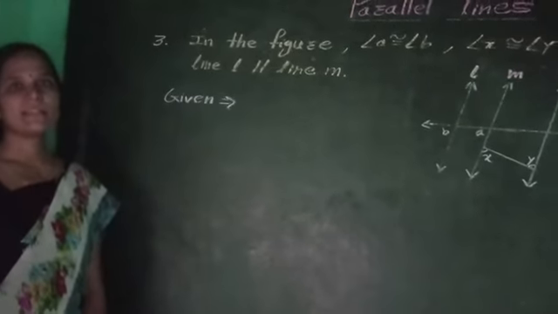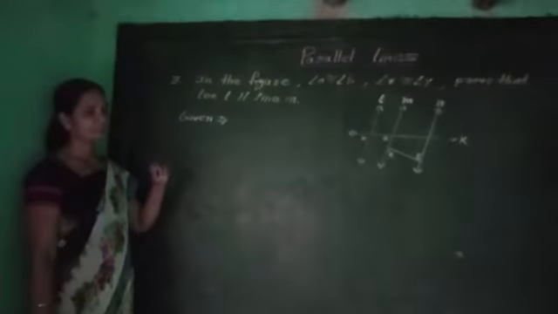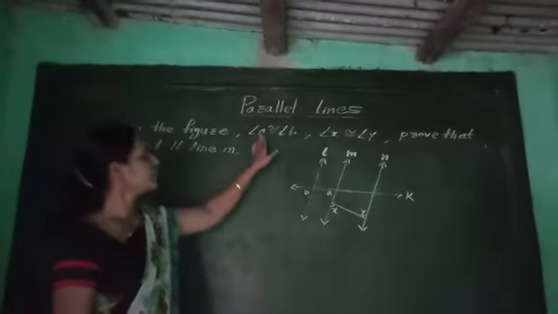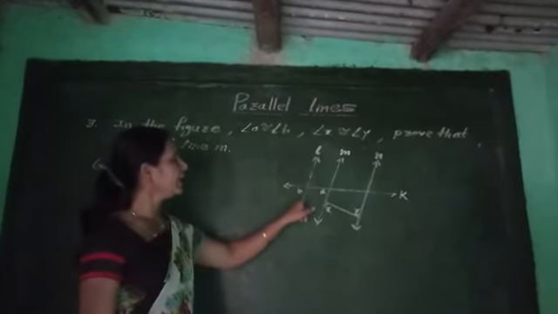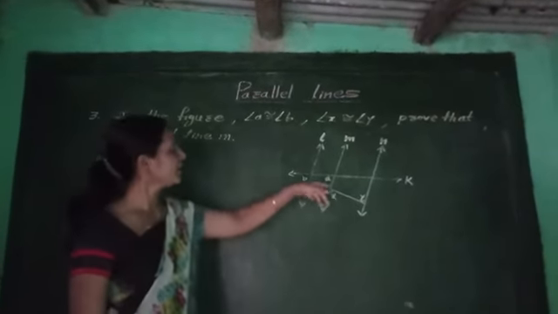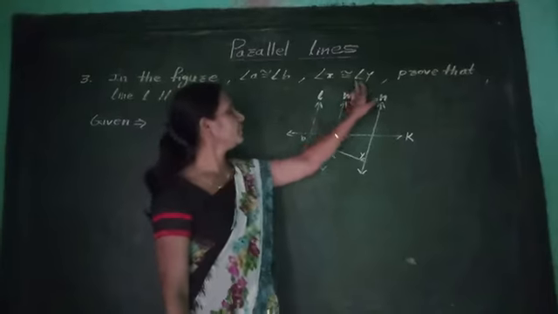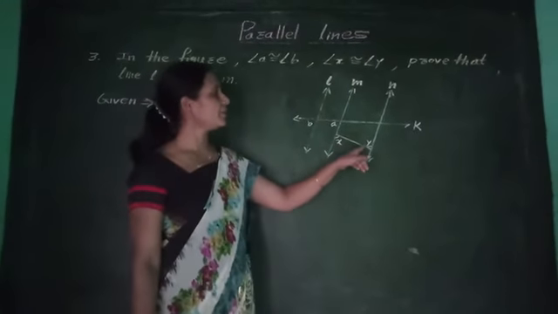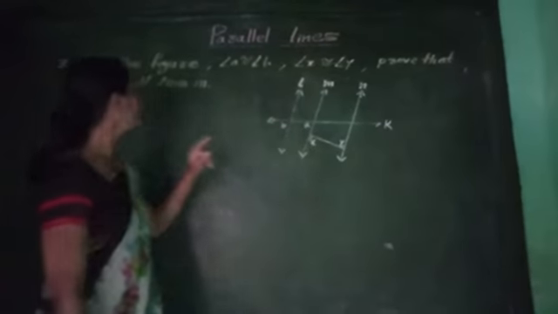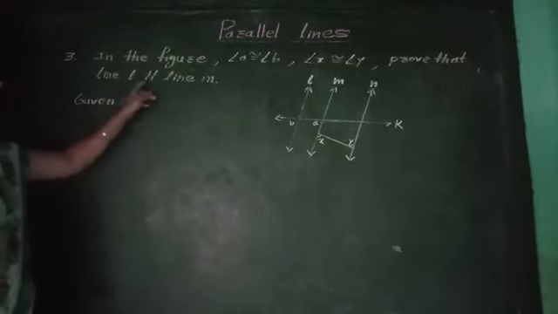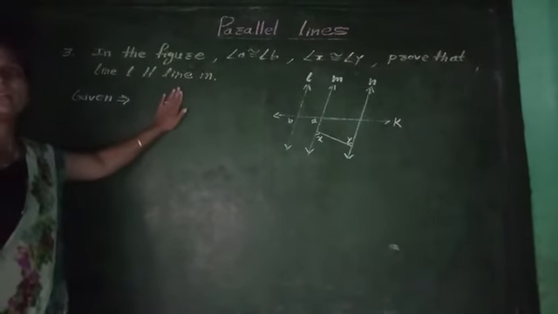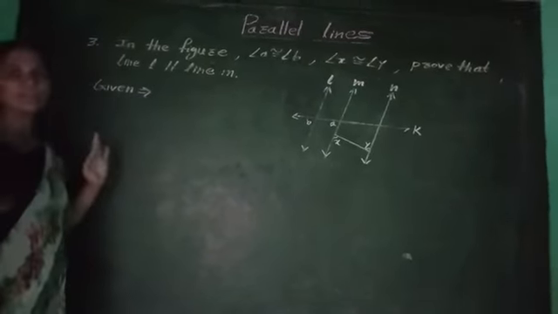Now let us see example number 3. In example number 3, in the figure, angle A is congruent to angle B, and X is also congruent to Y. We have to show that line L is parallel to line M. First write down the given.